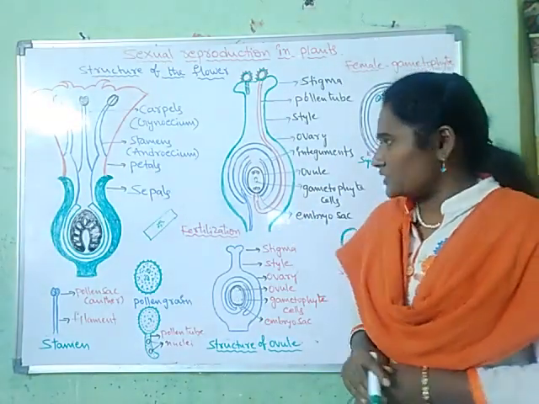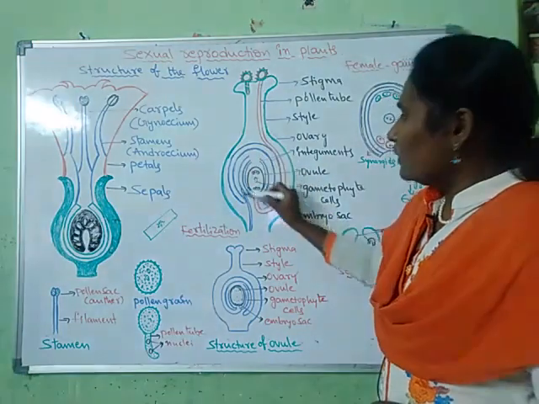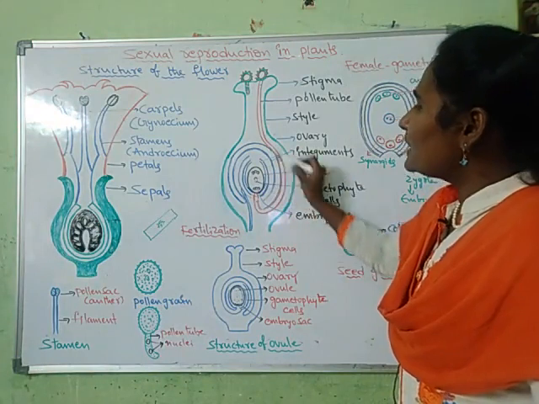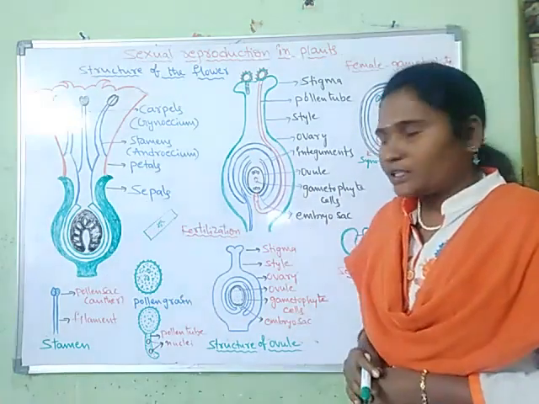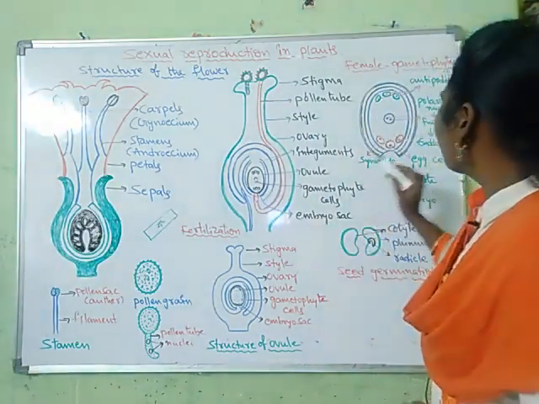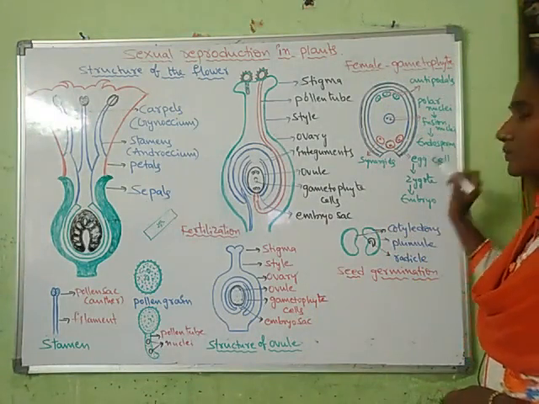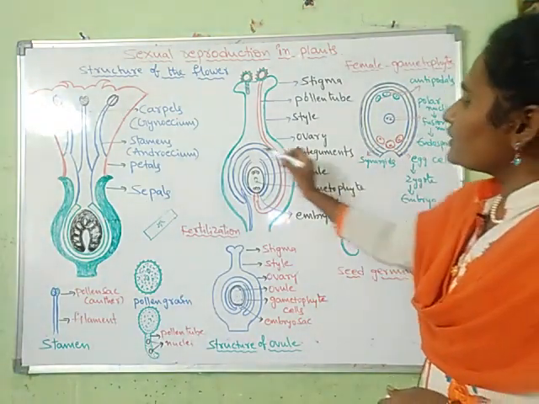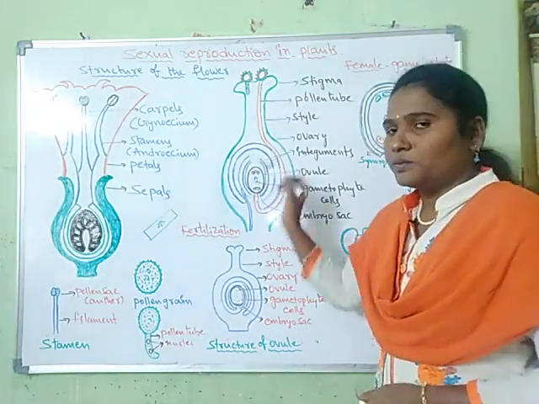After double fertilization, the ovule increases in size as a result of the formation of the endosperm by mitosis and the development of the new embryo.